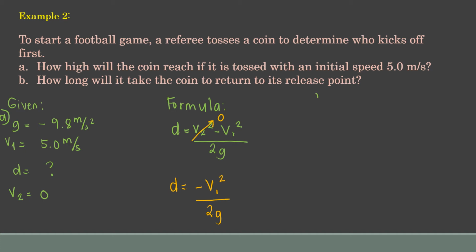So let's now substitute our given. We know that our V sub 1 is 5 and we have here the minus sign.